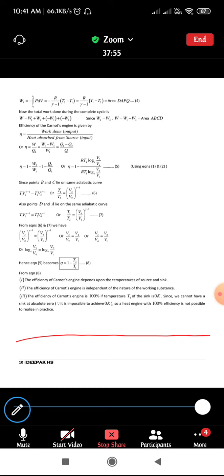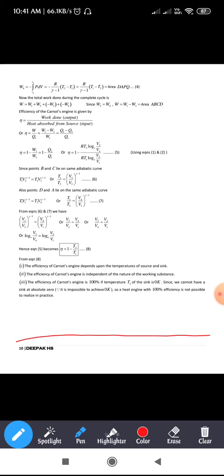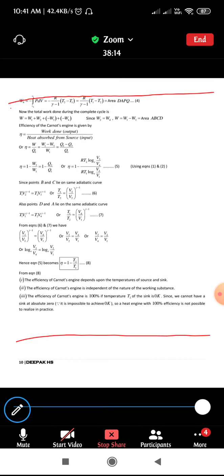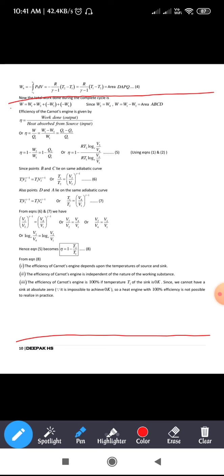Now the work done. As you know, the work is done on the system, so the work done comes out to be negative. W4 is equal to minus the integral from V4 to V1 of PdV, since the volume changes from V4 to V1. That is equal to minus R divided by gamma minus 1 into T2 minus T1.